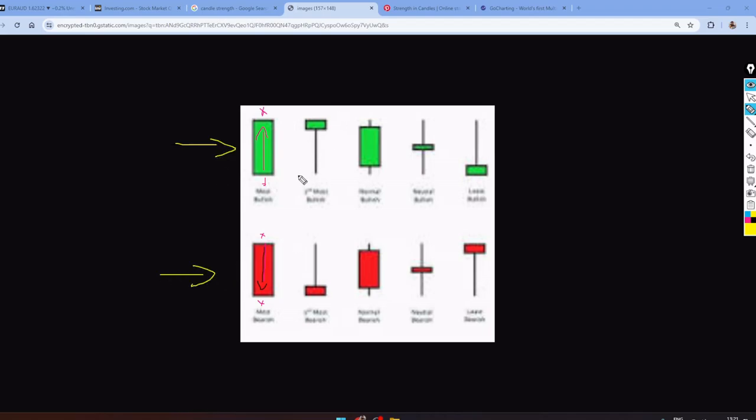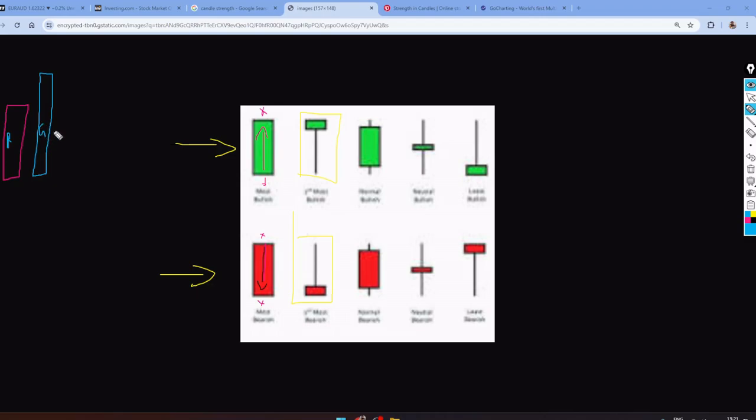Whereas if you see these two candles, how would they have been created? For example, let me take a red color. Let's say there is a red candle like this. Then let me take a blue color for the green candle, since I don't have a green. So this is the red candle, and this is the green candle.